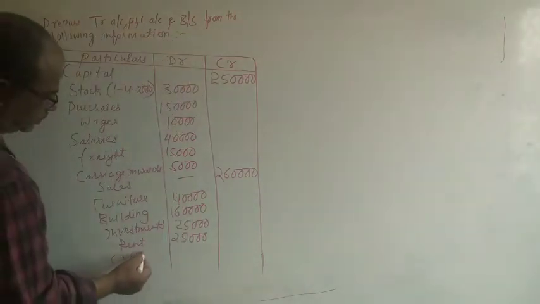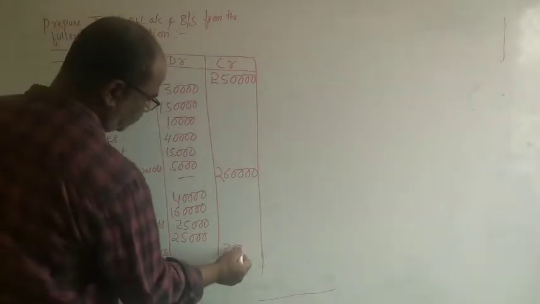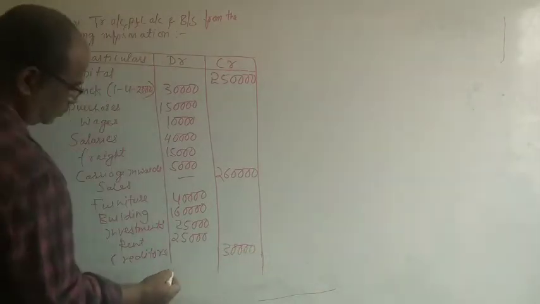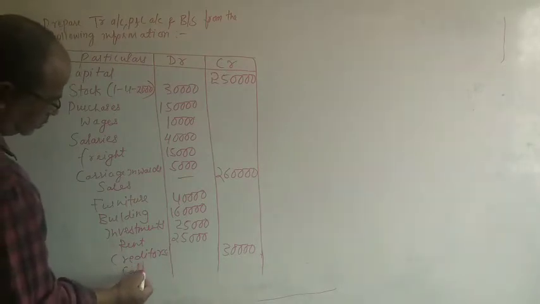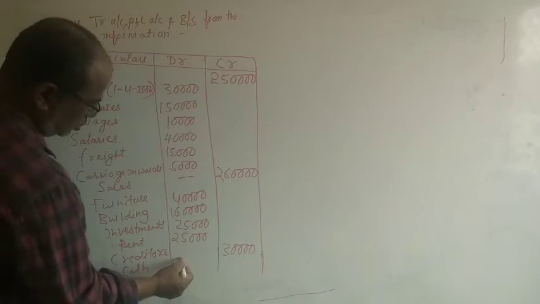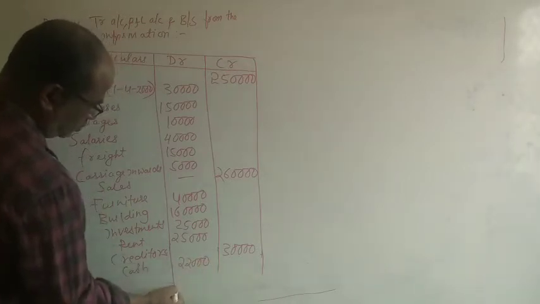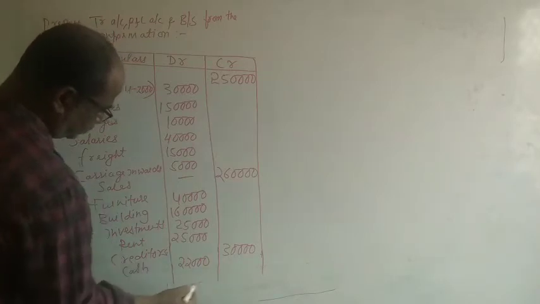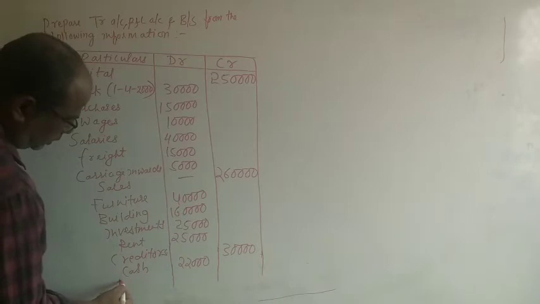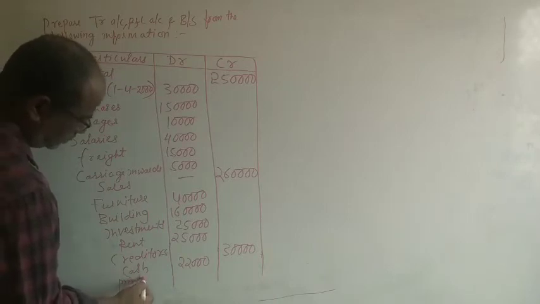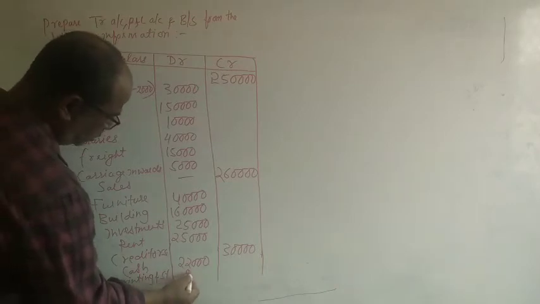Creditors 30,000, cash 22,000, printing and stationery 18,000.